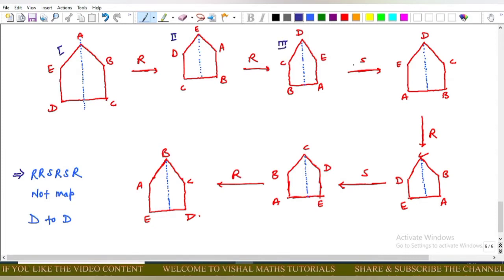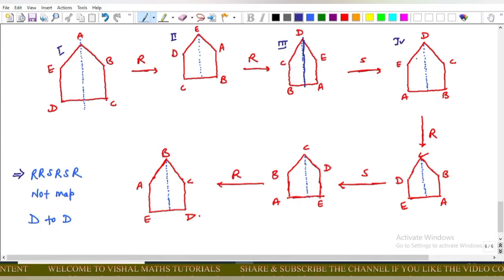Now in this figure if we apply S, a reflection about the y-axis, we reflect this figure from this axis, so E and A are in this position, C and B are in this position, and D stays the same at the top. Now this is our fourth figure.